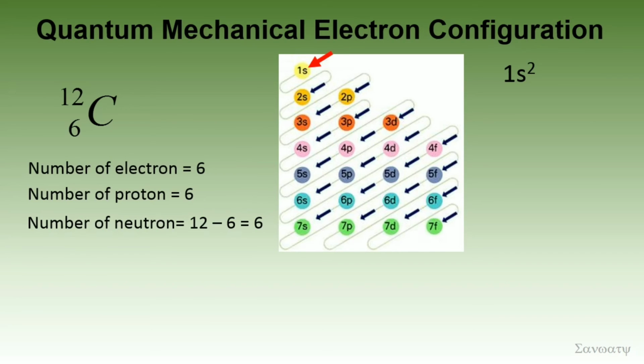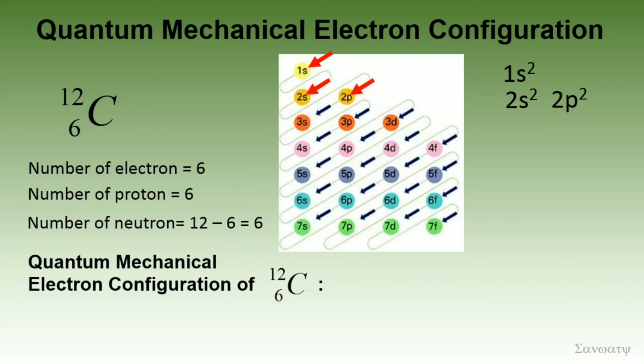The remaining go to orbital 2s, which can have 2 electrons. At the end, we still have 2 remaining electrons to fill orbital 2p. So the 6 electrons are distributed as 2 in 1s, 2 in 2s, and 2 in 2p. The quantum mechanical electron configuration of carbon is 1s2, 2s2, and 2p2.